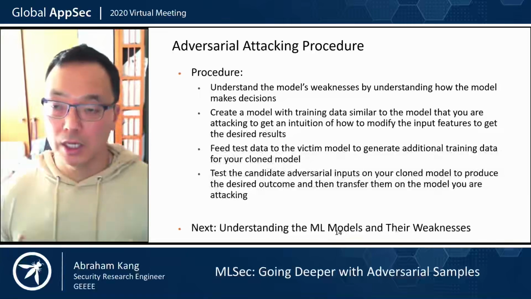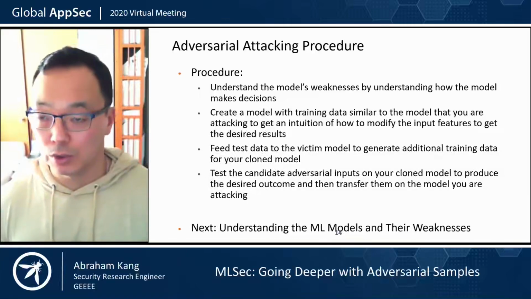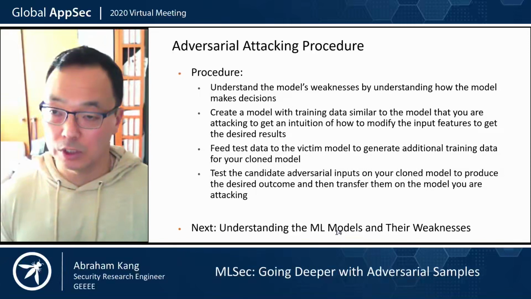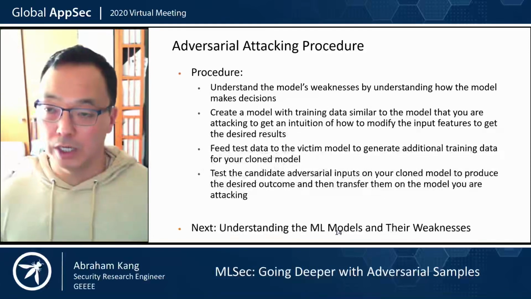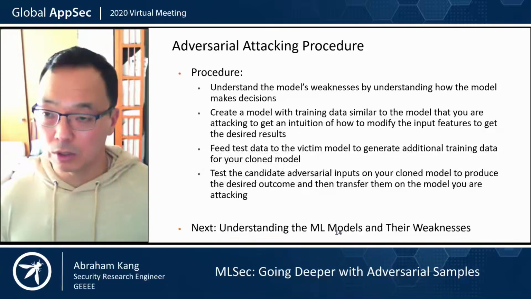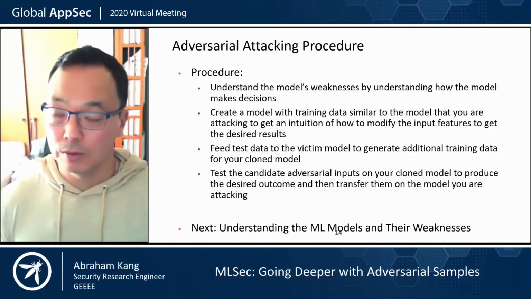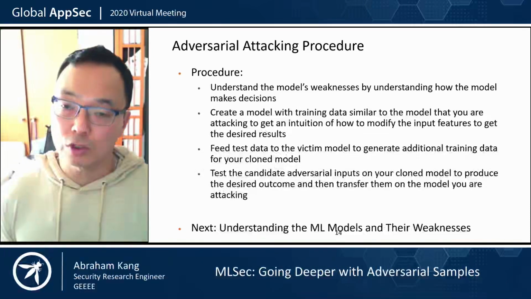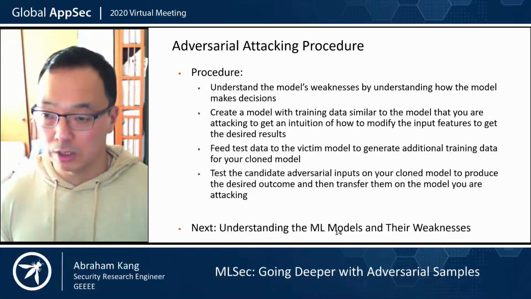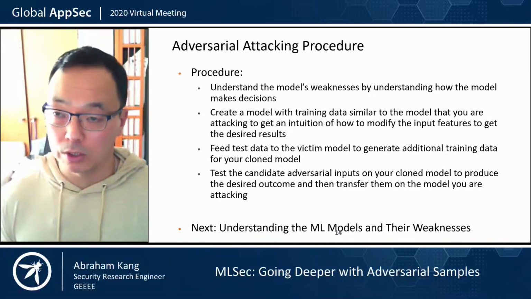So there's an overall attacking procedure when you're creating adversarial samples. It doesn't matter if you're creating adversarial samples for neural networks or for other classic machine learning models. You first need to understand the model's weaknesses and how the model works.